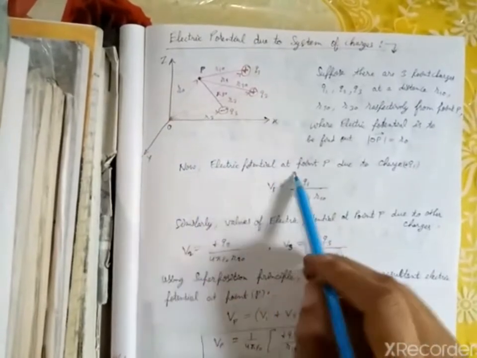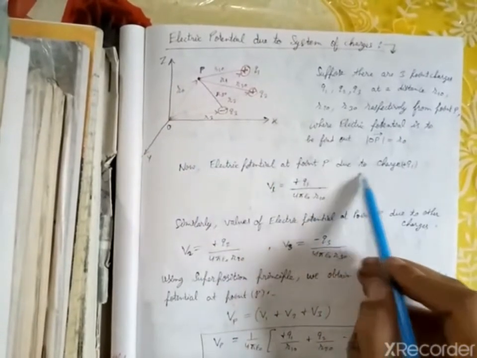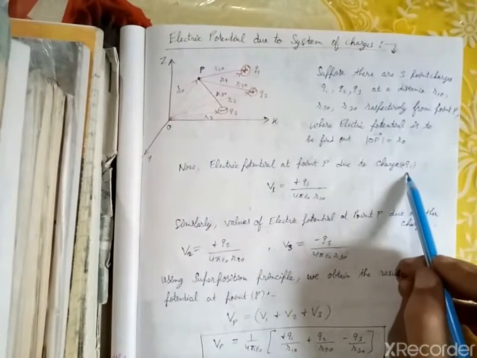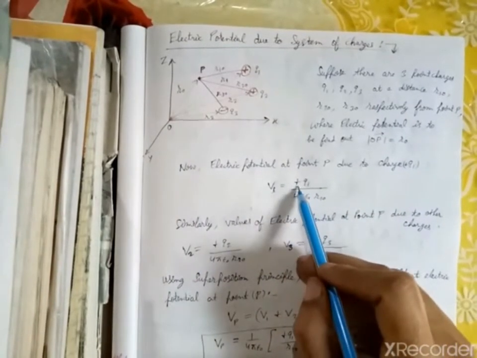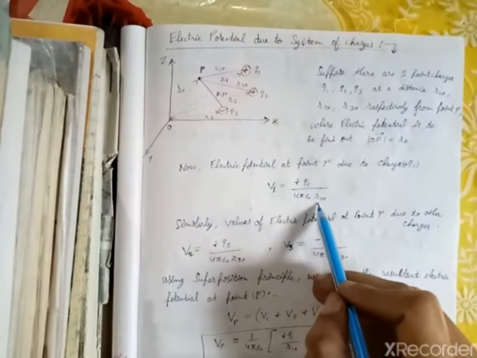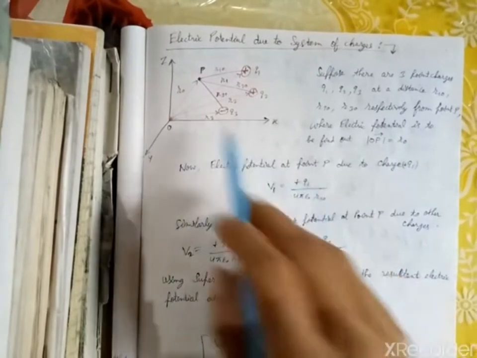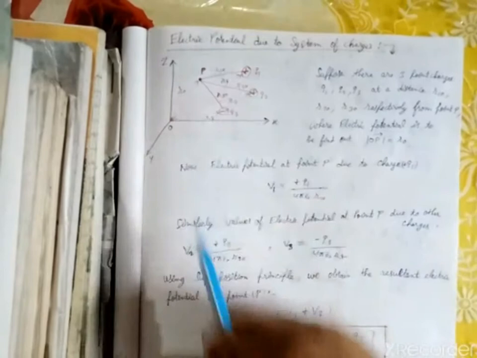Now the electric potential at point P due to charge q1, that will be v1, is plus q1 upon 4 pi epsilon naught r10, the distance from this charge.